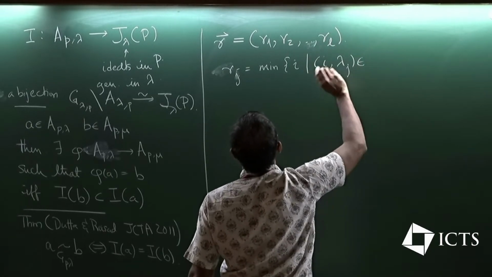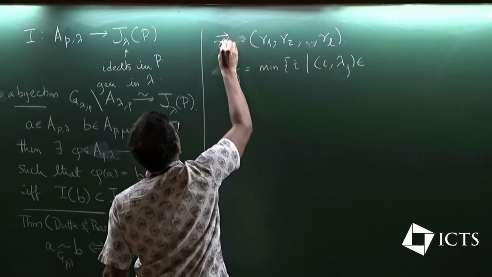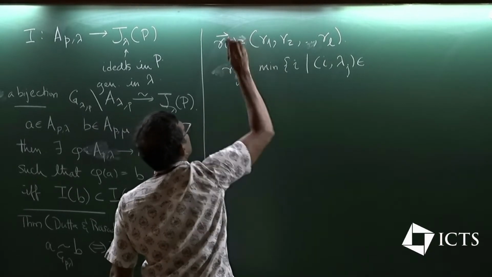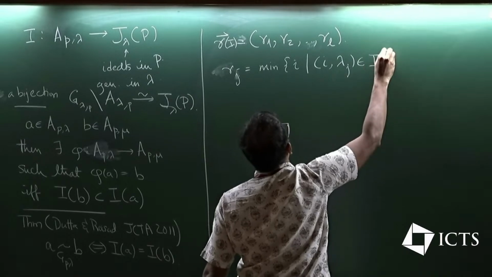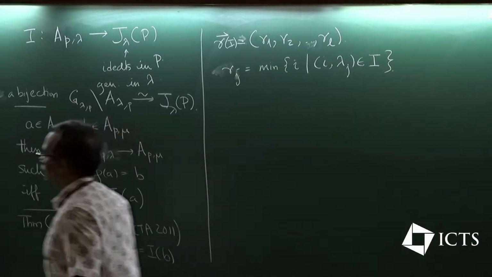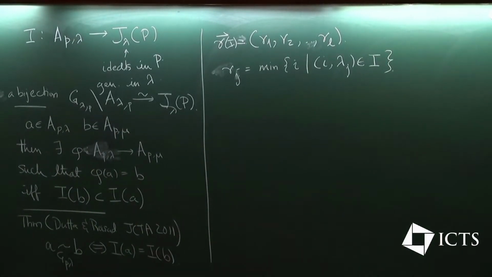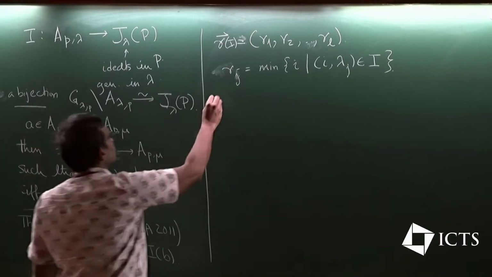This is associated to R of I. So in our running example, the boundary is given by 2, 1, 1, 0.